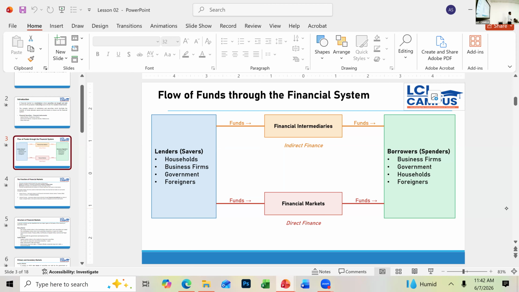Primary market. Which means the initial issue, new issue of securities takes place in primary markets. Examples, initial public offerings. Can you remember what is initial public offering?